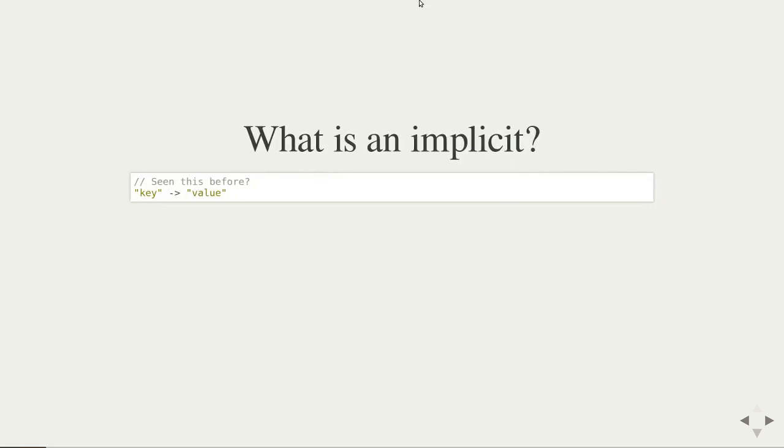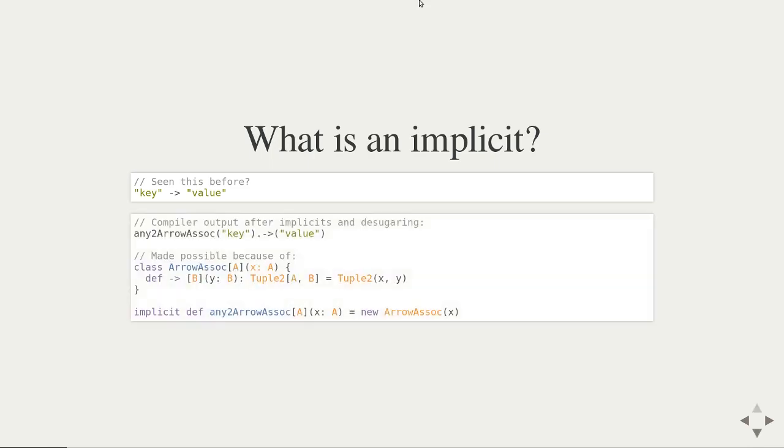Okay, what is an implicit? Let's start at the beginning, right? Key is a string, and why are we able to call arrow on it? That's because implicitly under the hood, we're converting it to this class called ArrowAssoc, which is part of the Scala Predef library.